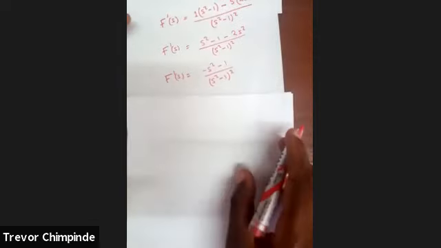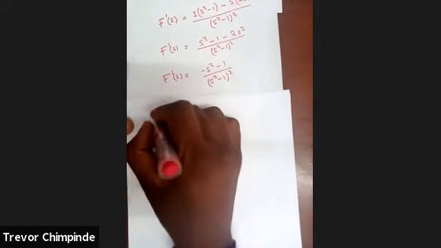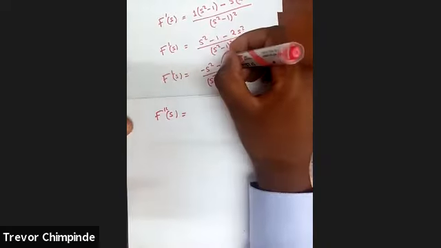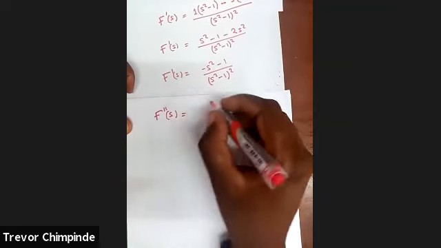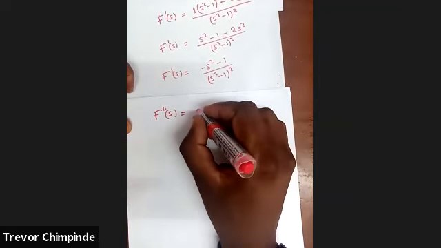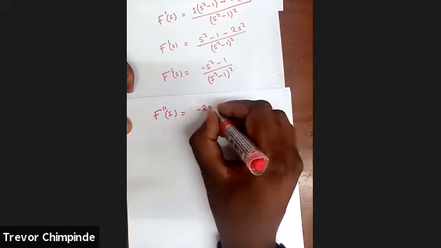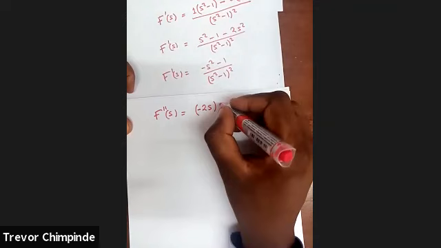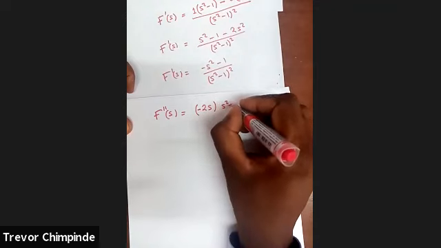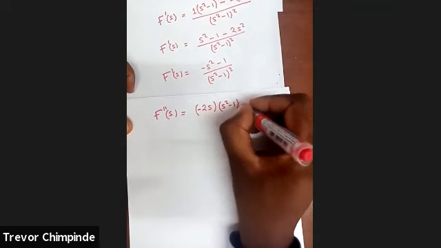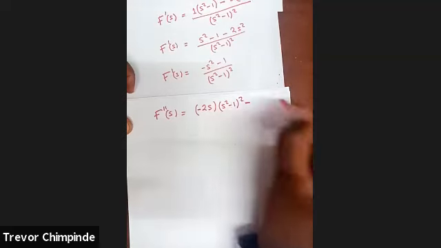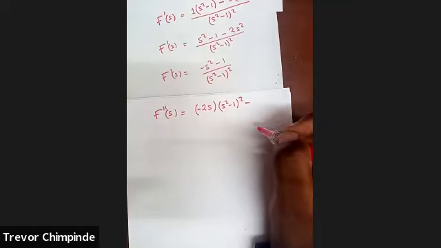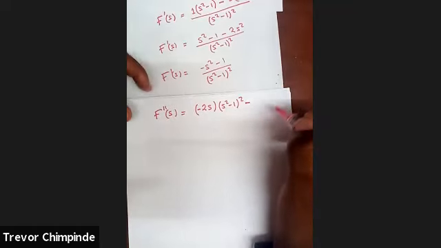So second derivative, again, using the quotient rule. So f double prime of s is going to be, so this is our u, this is our v. So u prime is going to be negative 2s. Our v is s squared minus 1 squared, then minus, what is our v prime?